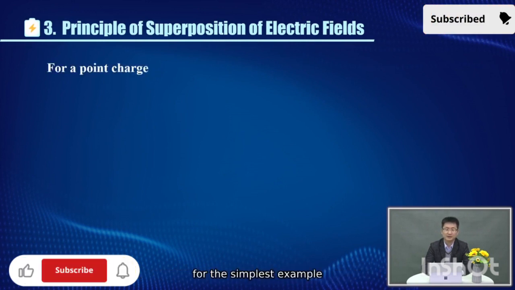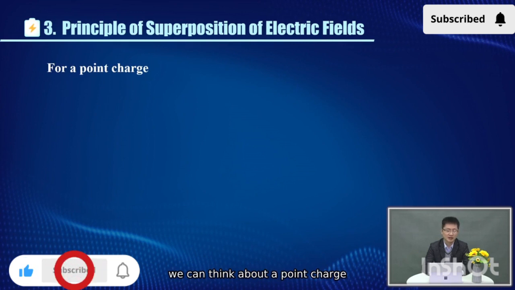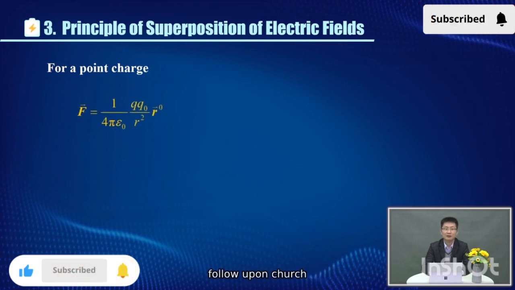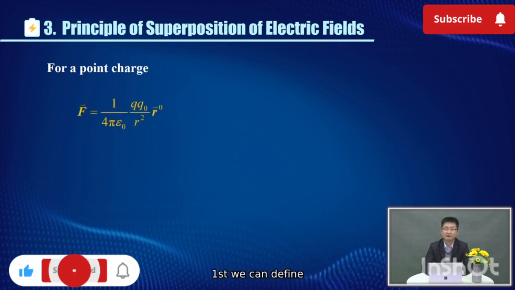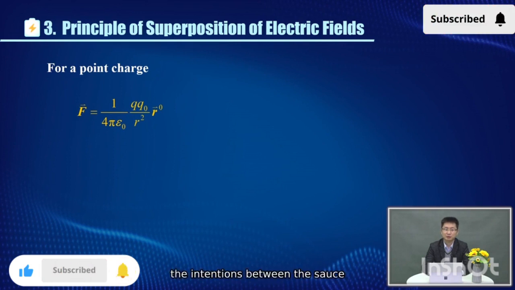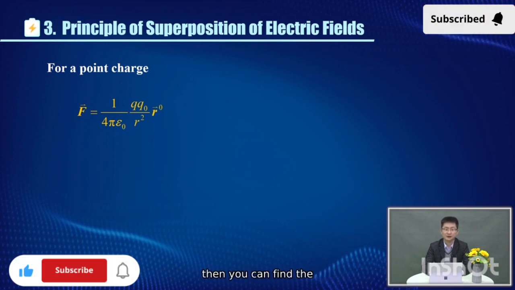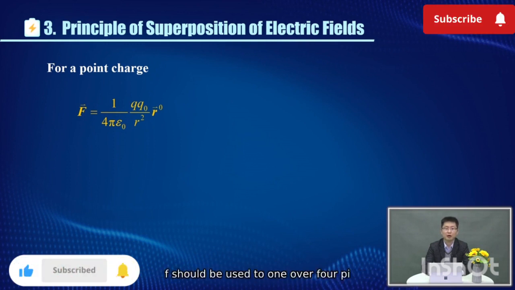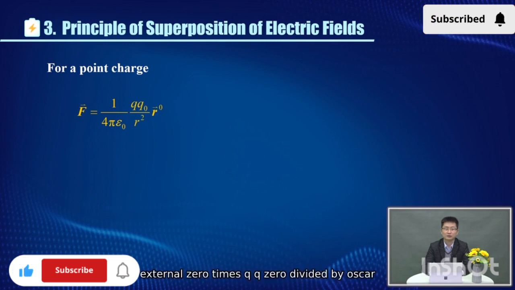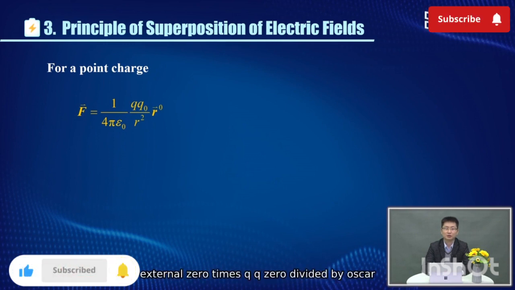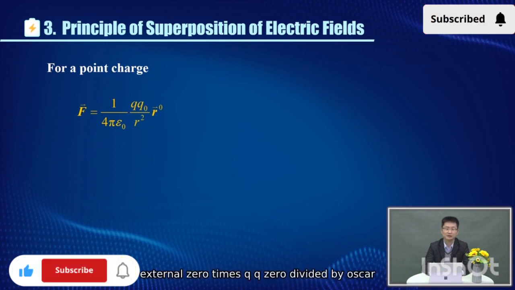First, for the simplest example, we can think about the point charge. For the point charge, first we define the interaction between the source charge and the test charge by using Coulomb's law. The force F is equal to 1/(4 pi epsilon 0) times Q Q0 divided by R squared.